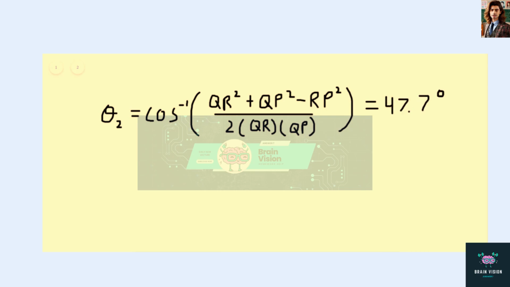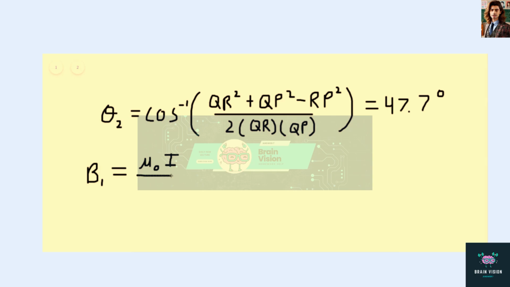So now that we know theta 1 and theta 2, we can find vector B1 and vector B2, since we're going to need these values. But first, let's find the magnitude of B1. The magnitude of the magnetic field coming from wire 1 at point P is mu naught, which is the magnetic permeability of free space. This is 4 pi times 10 to the minus 7 newtons per ampere squared. It's a very common constant, especially when calculating magnetic fields or electric fields, and you can look that up to find out more about it.